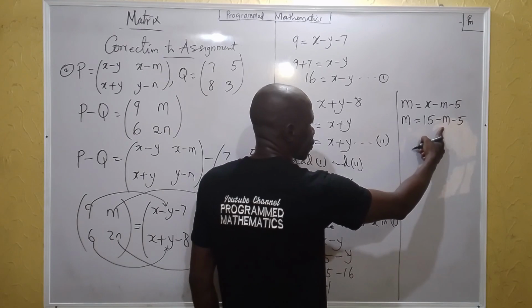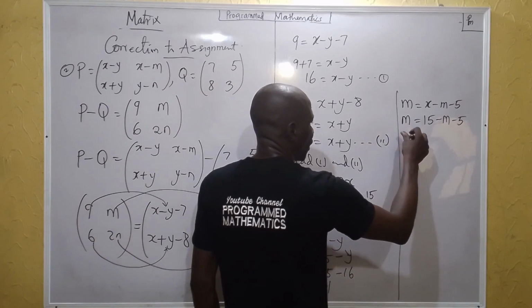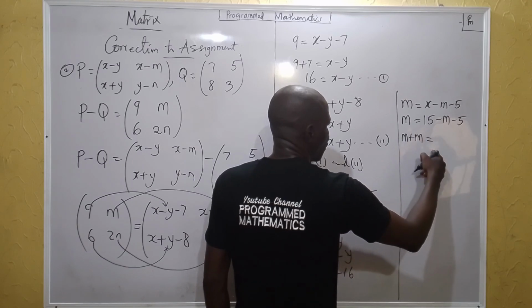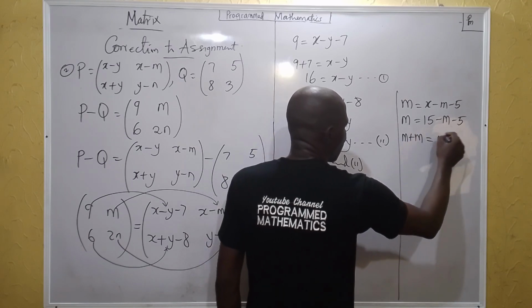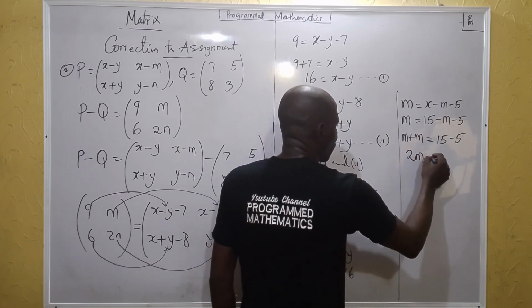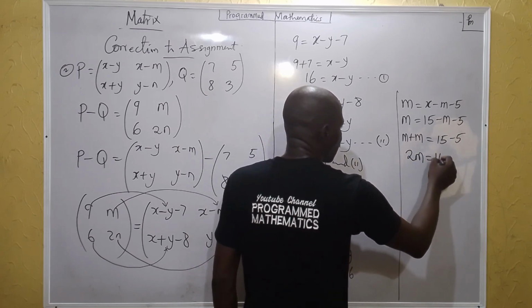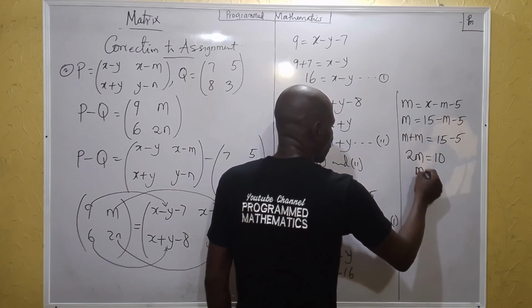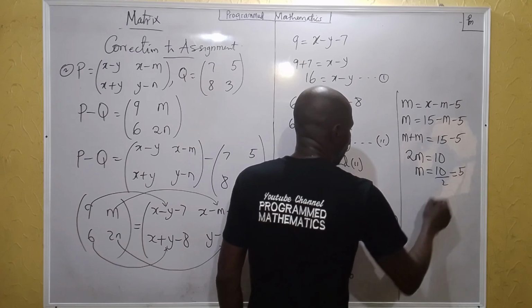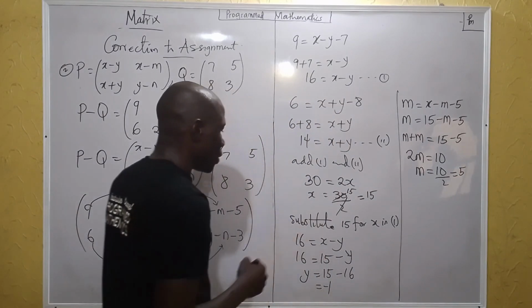We solve this equation now for m. Bring this minus m back here, so this will make m plus m. Collecting like terms, m plus m is 2m equals 15 minus 5, which is 10. When we divide both sides by 2, m will be equal to 10 over 2. This is 5. So m is 5.